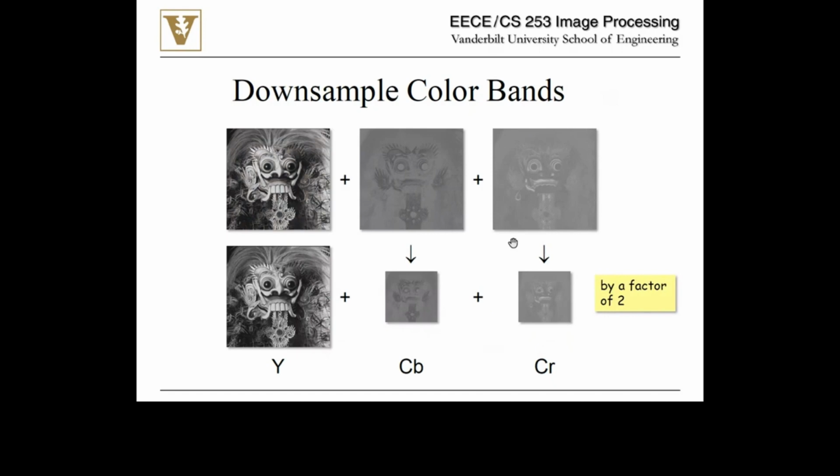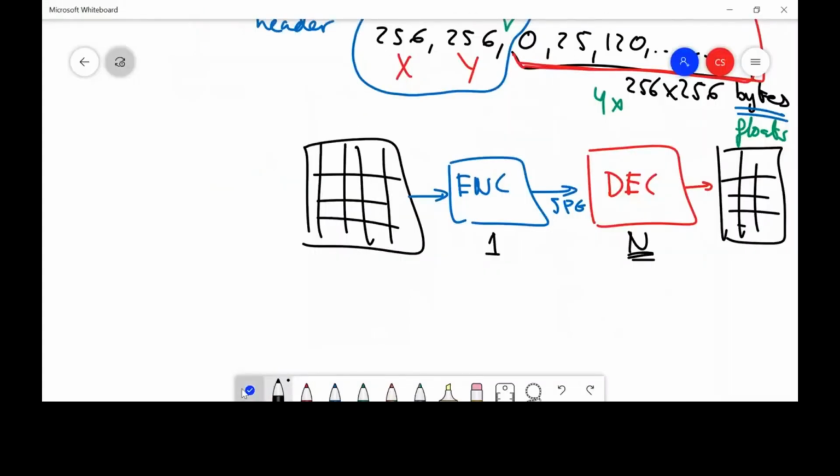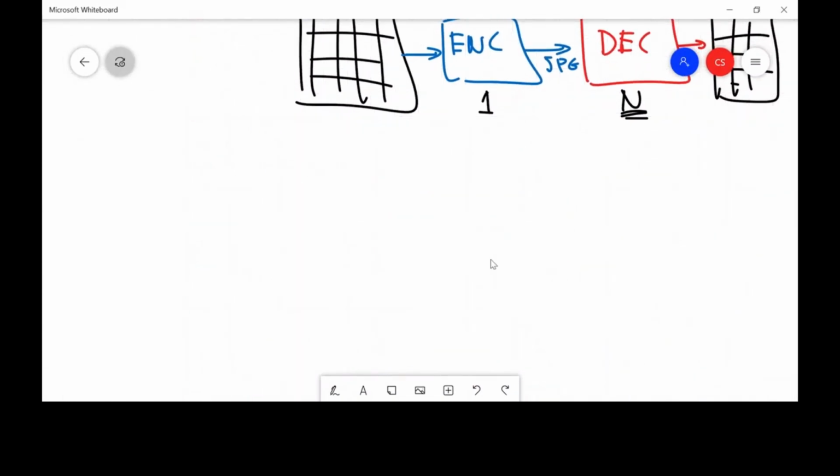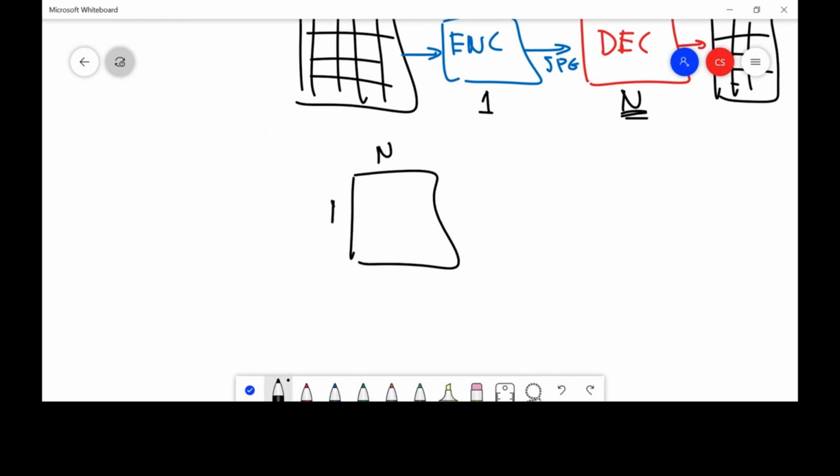Okay, the next step is to downsample the color bands. So this was our first decomposition, and now we reduce the color bands by a factor 2. And here you already see that we will be saving a lot of space, right? Originally, let's say that we have 3 bands of this size.